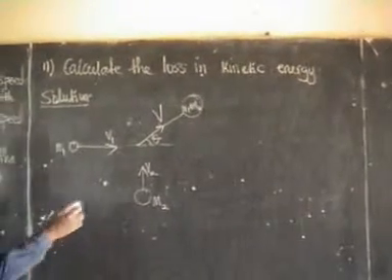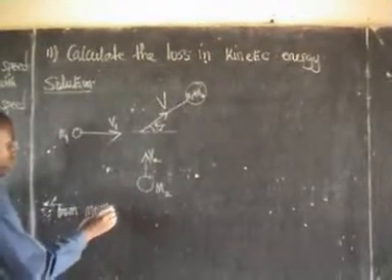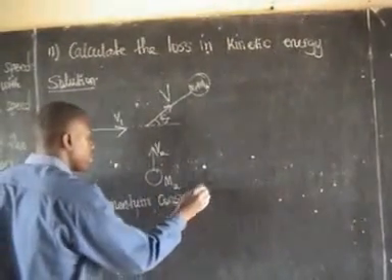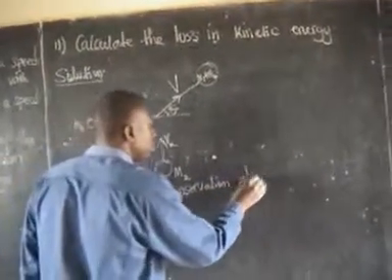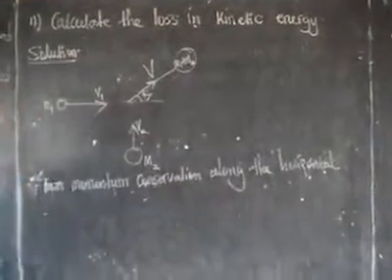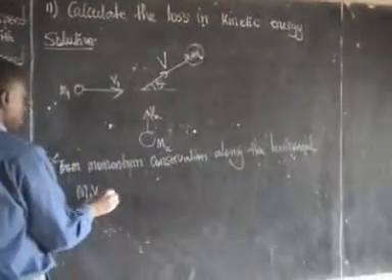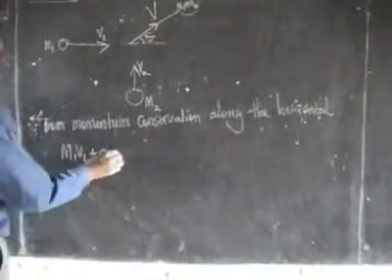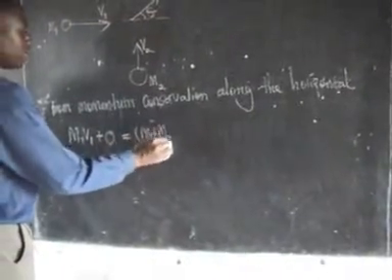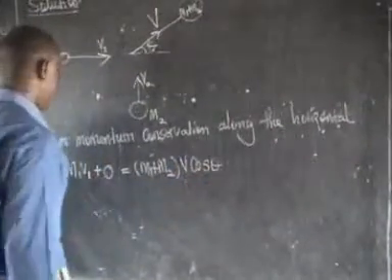So momentum along the horizontal. So from momentum conservation, along the horizontal, we shall have m1 v1. Now this m2 has no momentum along the horizontal, so it's equal to m1 plus m2 v cos theta.